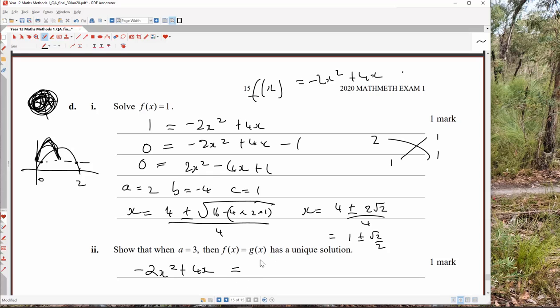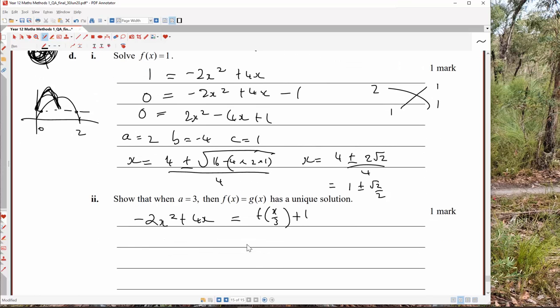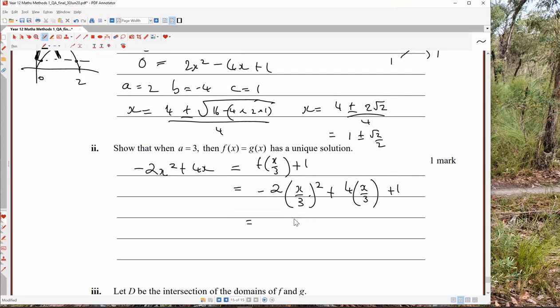So g of x is going to be f of x on 3, that's the dilation factor 3, plus 1, which is going to be negative 2x on 3 squared plus 4x on 3 plus 1 equals negative 2x squared on 9 plus 4x on 3 plus 1, negative 2x squared plus 4x.